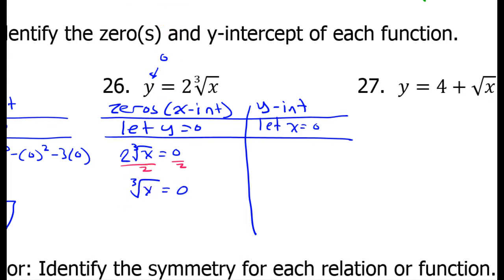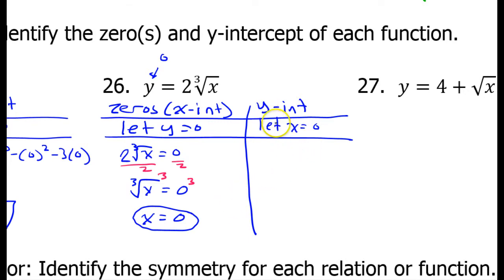And then I'm going to cube both sides of the equation to cancel out the cube root, because those are inverses. So that's going to give me x is equal to 0. So that is the 0, 0 of the function.